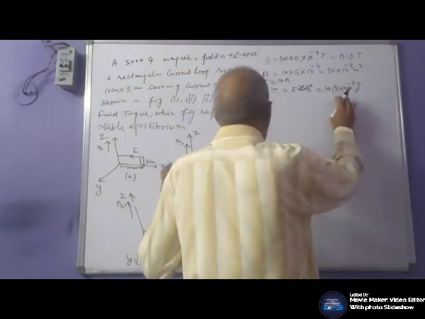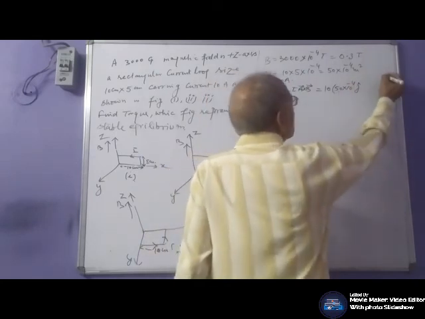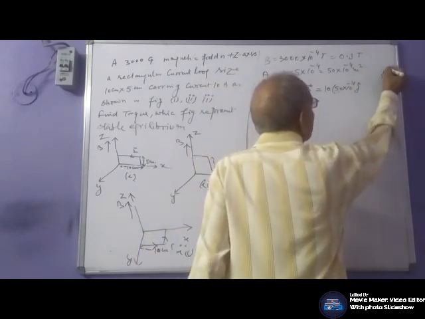Normal to area. This is the area vector always.